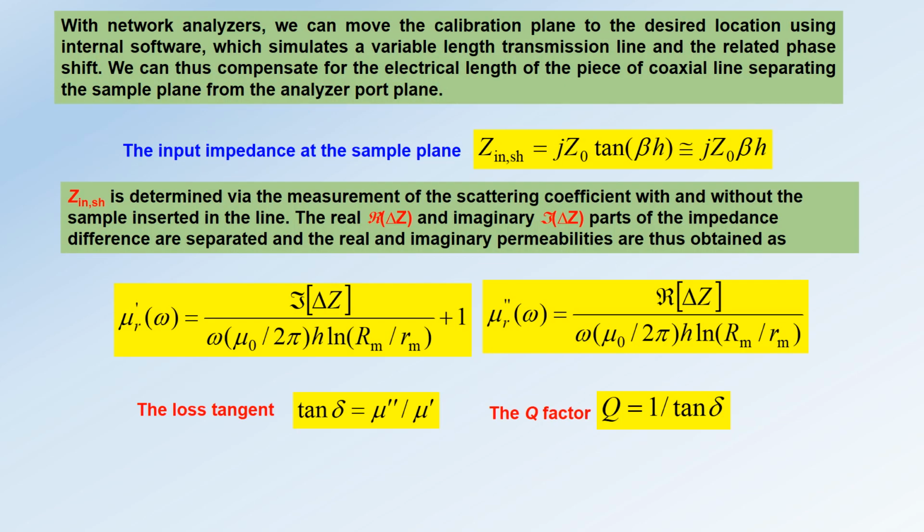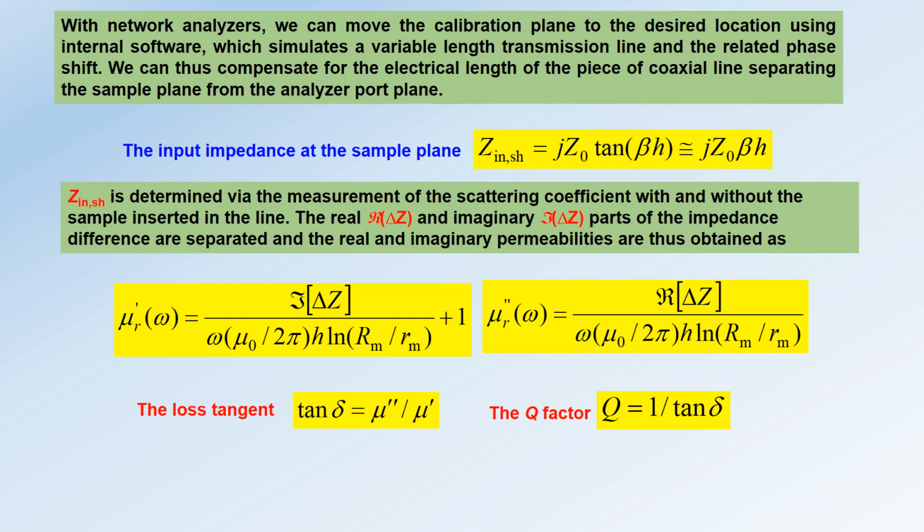With the network analyzers, we can move the calibration plane to the desired location using internal software, which simulates a variable length transmission line and the related phase shift. We can thus compensate for the electrical length of the piece of coaxial line separating the sample plane from the analyzer probe plane. The input impedance at the sample plane is given in the first yellow box.